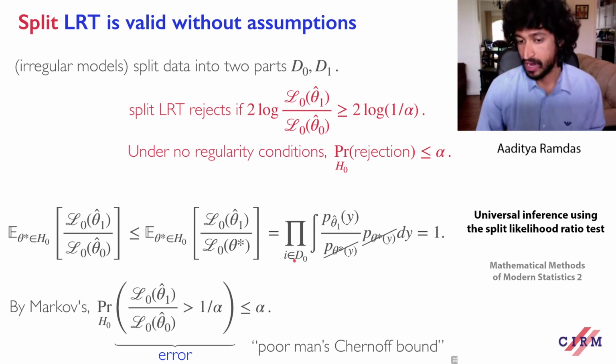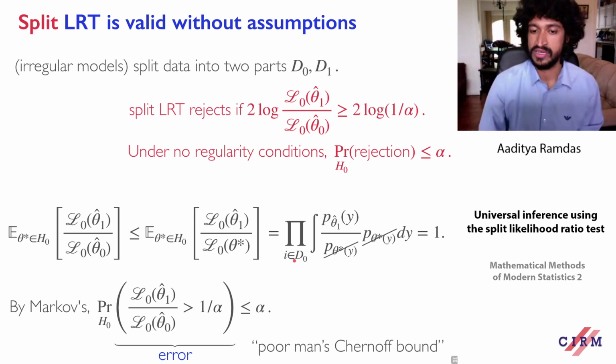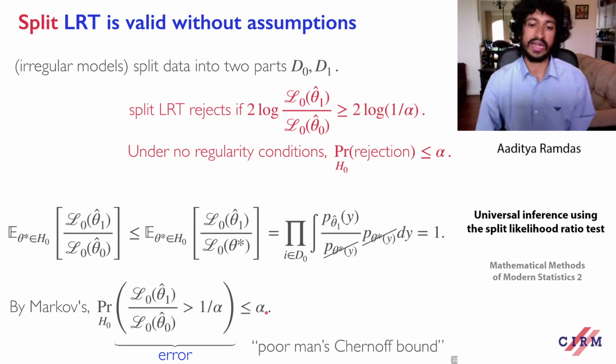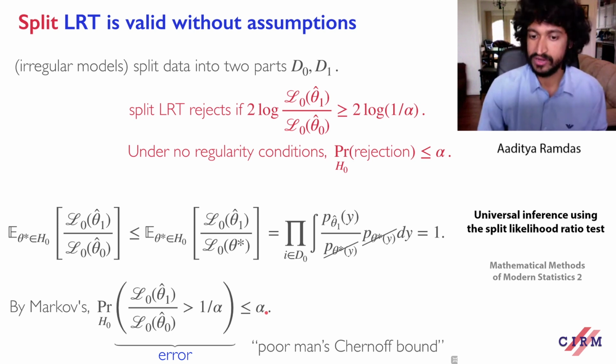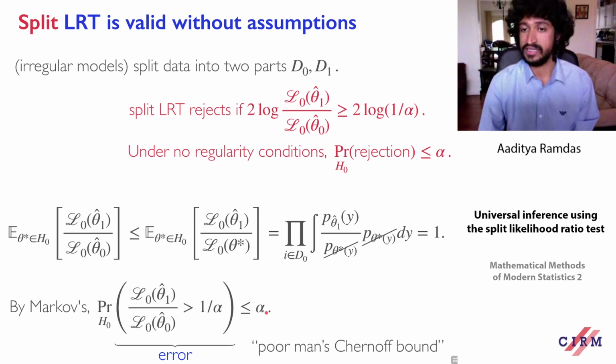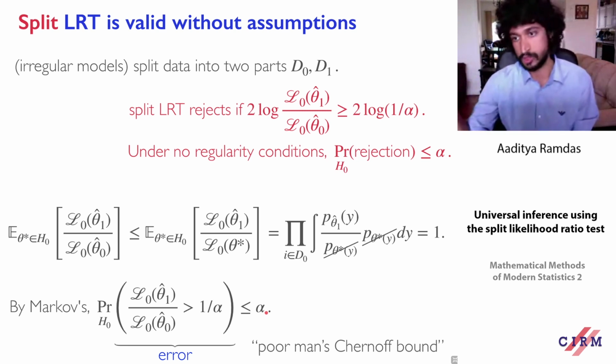And we can apply Markov's inequality, since it's also a non-negative random variable. So the probability that it's greater than 1 over alpha is at most alpha. And you can see that the split LRT, the way I defined it, was in terms of logs. All I did was to make it look visually similar to the original likelihood ratio test: we reject if 2 times the log likelihood ratio is larger than 2 times log 1 by alpha.